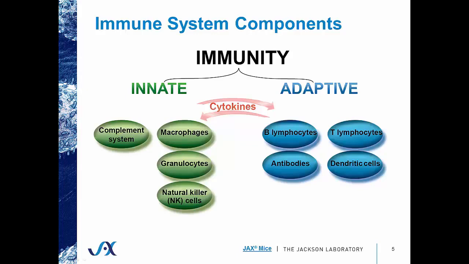Finally, dendritic cells serve as a bridge between innate immunity and adaptive immunity and are the primary antigen-presenting cells of the immune system that can present tumor antigens to other immune cells. Cytokines as well as dendritic cells provide a bridge between innate and adaptive immunity as they are responded to and released by all cell types of the immune system.